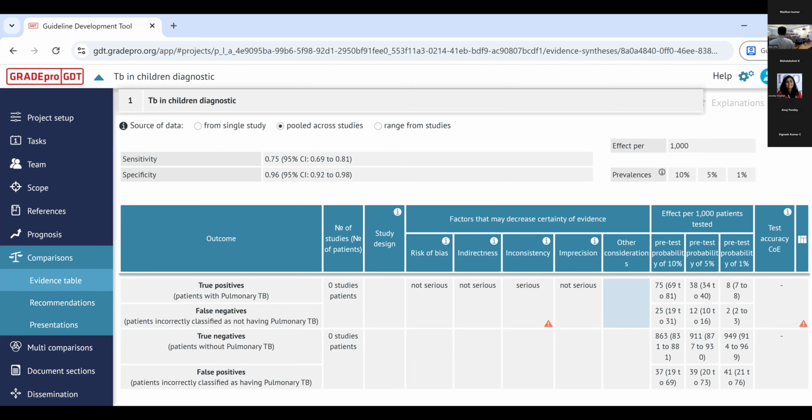It's about 10%. So again, we can have a show of hands. How many feel that is wide enough to downgrade for imprecision? We have to do it separately for sensitivity and specificity. Yes, it's this 10%. So okay, we'll have a show of hands.